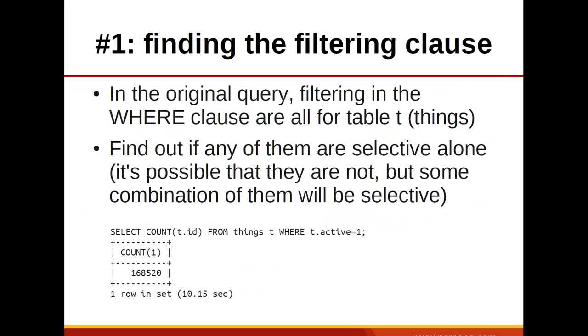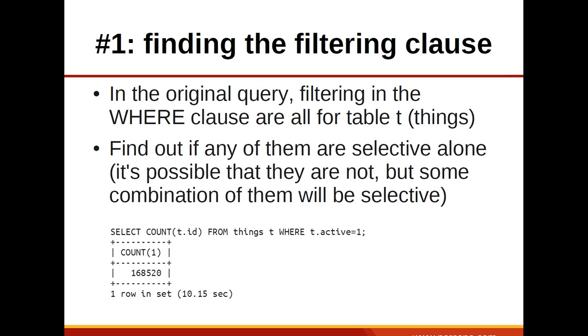We can simply calculate the cardinality for each column, how many records are returned for each clause. So we are selecting the count where the filtering condition is t.active, and we are returning 100,000 records, so it's in that range we were talking about.